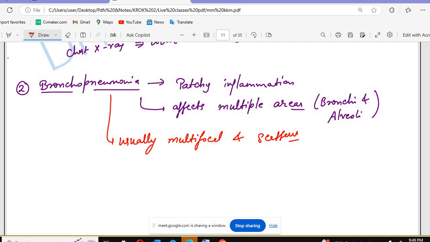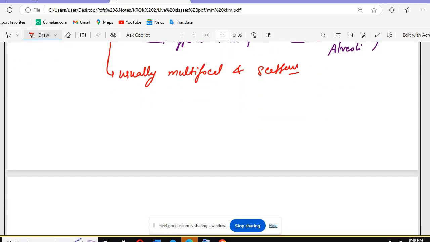Along with that, you see the patchy inflammation, and the common causes here that you have to remember are Staph aureus and Streptococcus pneumoniae.